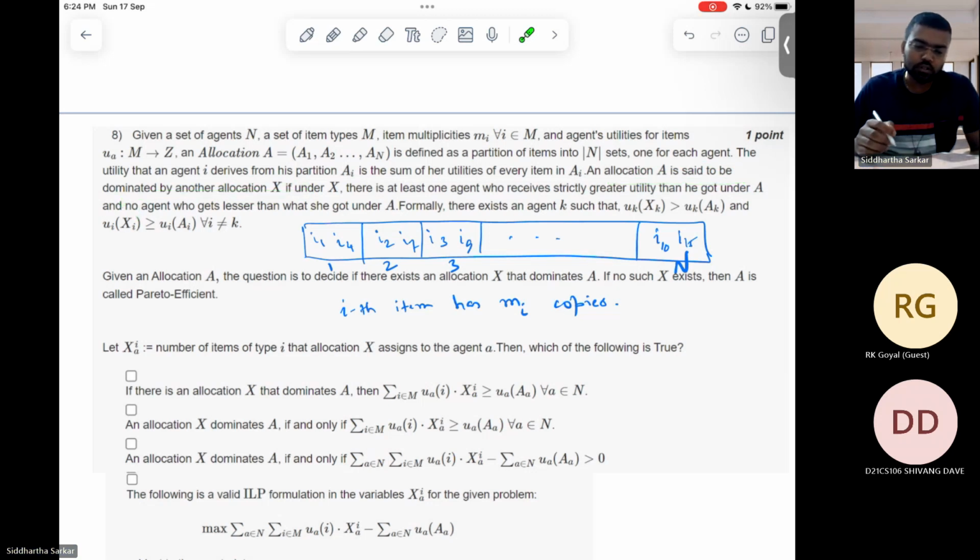Okay. So formally, there exists an agent K such that, what is X sub K?